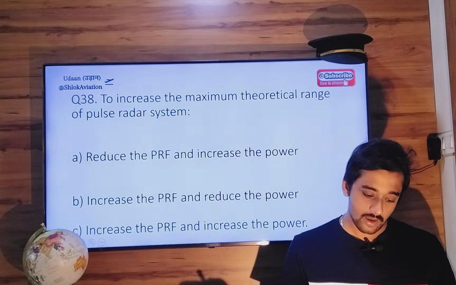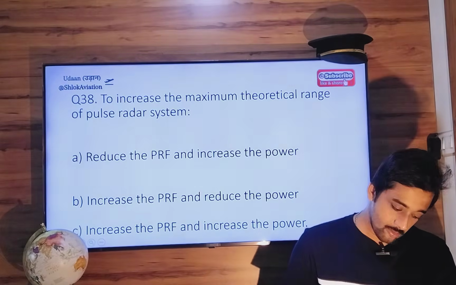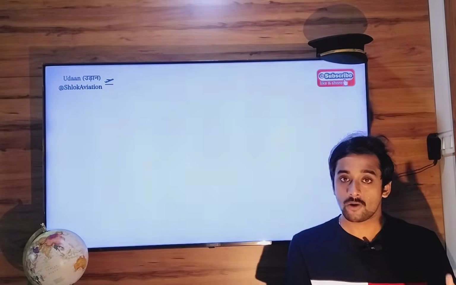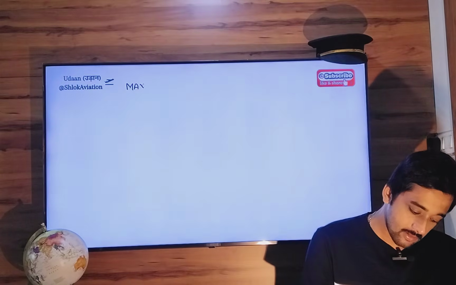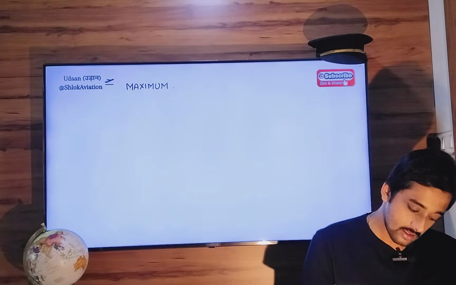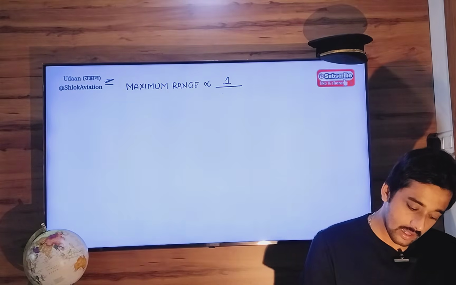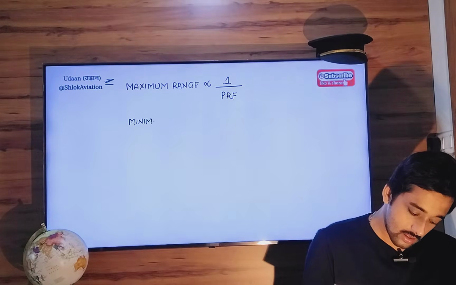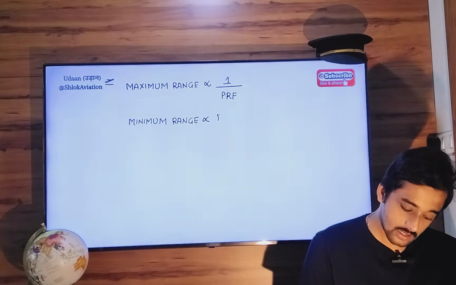Next. To increase the maximum theoretical range of a pulse radar system, what will you have to do? Very important, I have covered this in my radar lectures of secondary radar, primary radar, airborne weather radar, DME. So do watch those video lectures. Maximum theoretical range is inversely proportional to pulse recurrence frequency. Minimum theoretical range is proportional to pulse width.